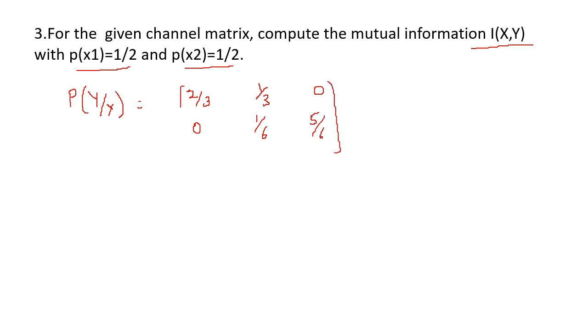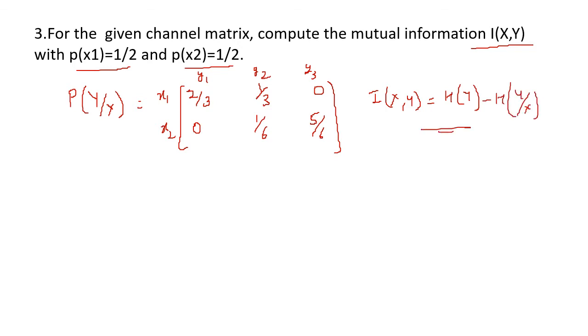So here rows represent the inputs x1, x2, columns represent outputs y1, y2 and y3. And we know that mutual information I of X comma Y is given by the relationship H of Y minus H of Y by X.